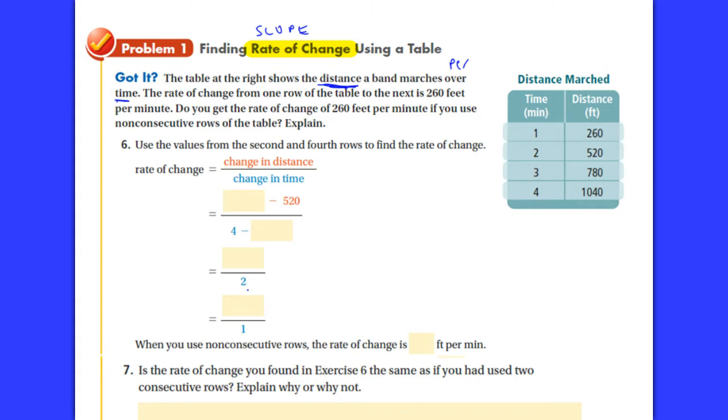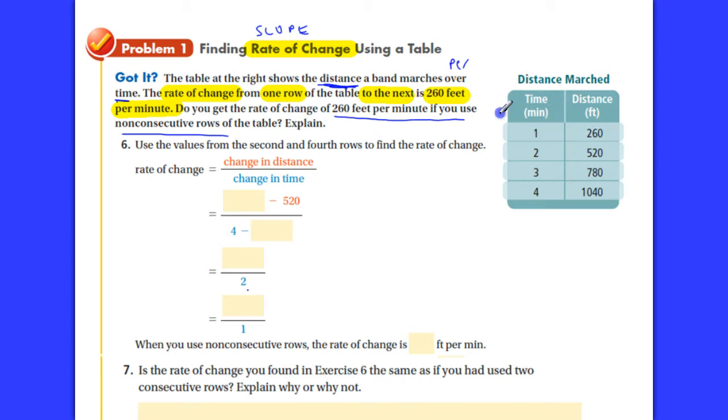The rate of change from one row of the table to the next is 260 feet per 1 minute. So they're going at a rate of 260 feet per minute. What they're asking us here is, do you get a rate of 260 feet per minute if you use non-consecutive rows on the table? And explain.